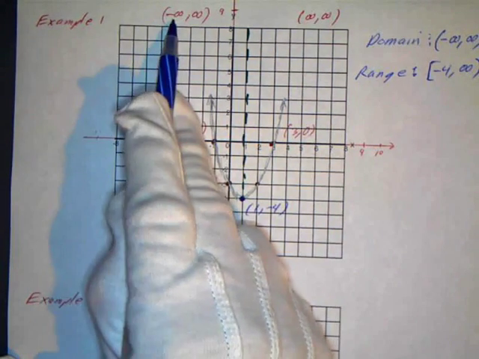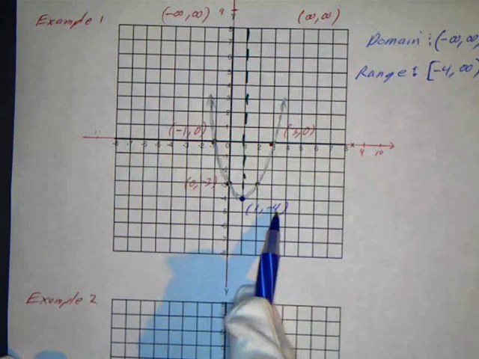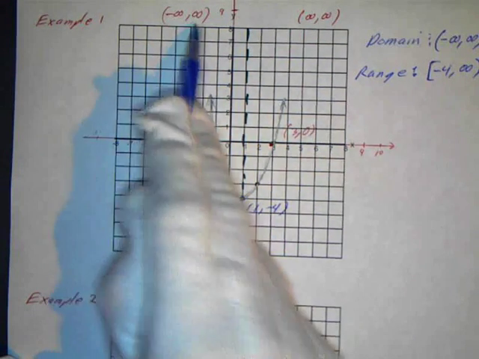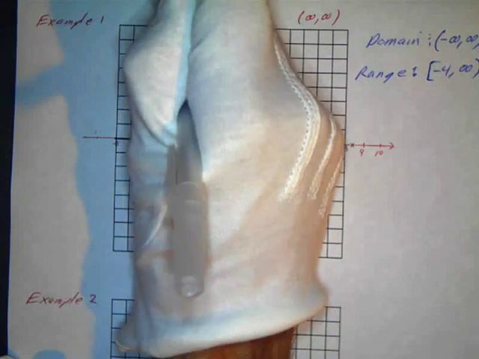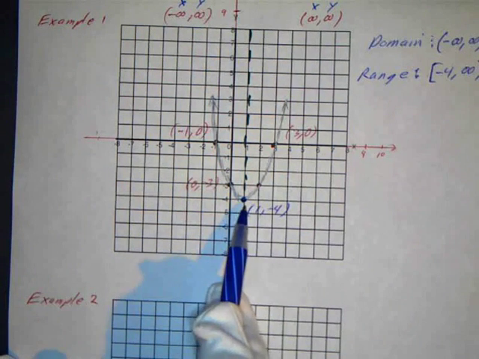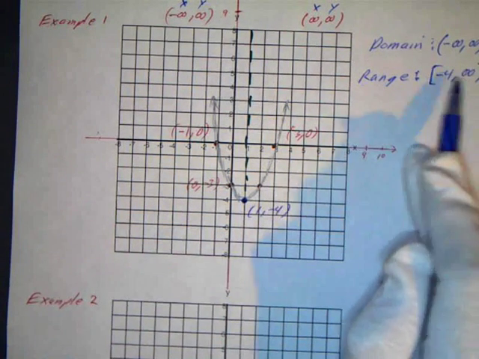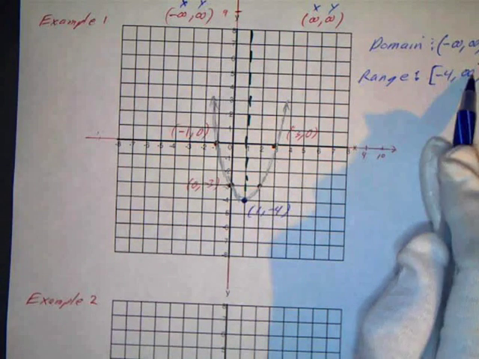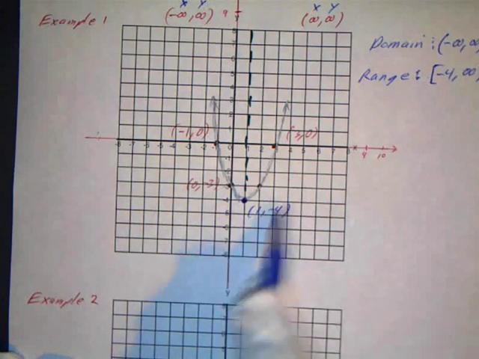My x extremes are -infinity to +infinity, and my y extremes are -4 to +infinity, because both these y's are +infinity. It will always work out that way, either positive or negative infinity for the y's. My minimum value is at the bottom. If it's shaped the other way, it would be -infinity to whatever the value is. But in this case, I'm going from -4 to infinity.